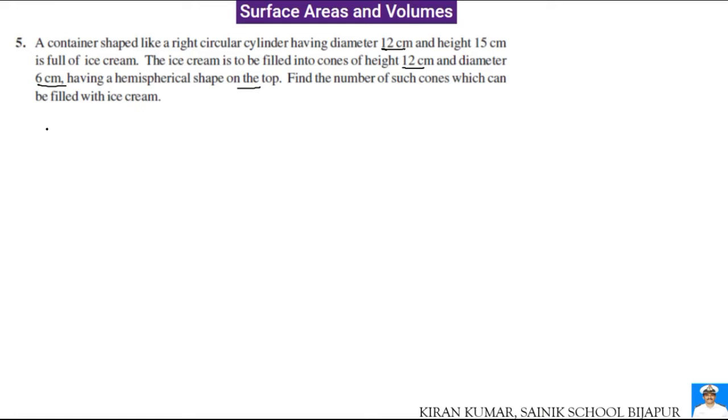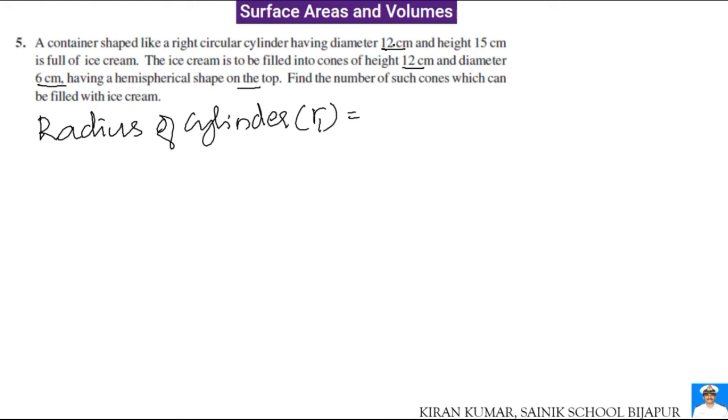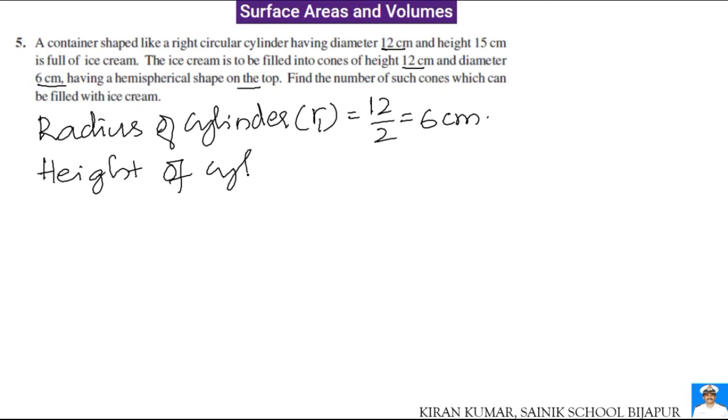As per the question, let me mention the given things. The radius of the cylinder, I'll call it R1. This will be half of the diameter, 12 by 2, which is 6 centimeter. Height of the cylinder, let me call this H1, which is 15 centimeter.